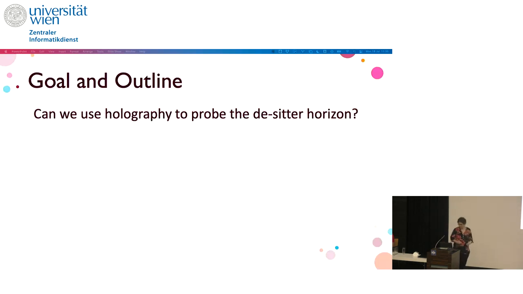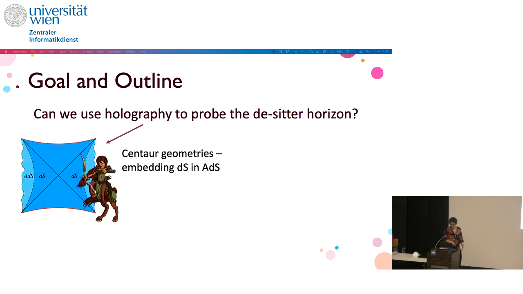So as I said, my goal is to answer the question, can we use holography together with tools from the world of quantum information to study some properties of the de Sitter horizon? And in this talk, I'm going to focus on two different approaches to try and answer this question. The first approach, often referred to as centaur geometries, or flow geometries, is essentially the idea of embedding a de Sitter bubble into an AdS space, and in such a way have a dual theory on the asymptotic boundary.